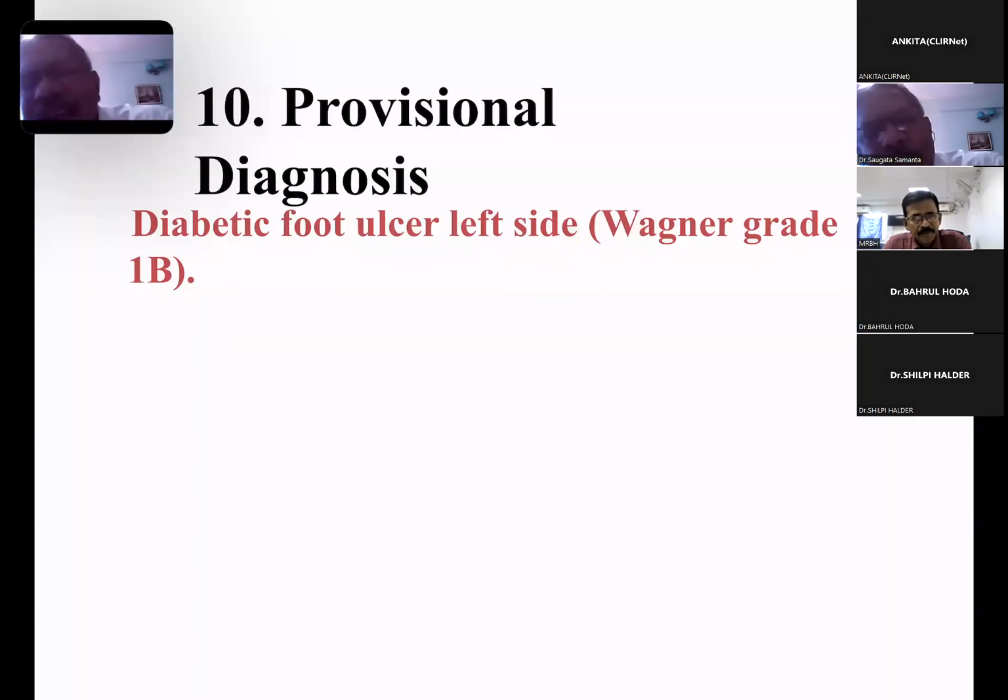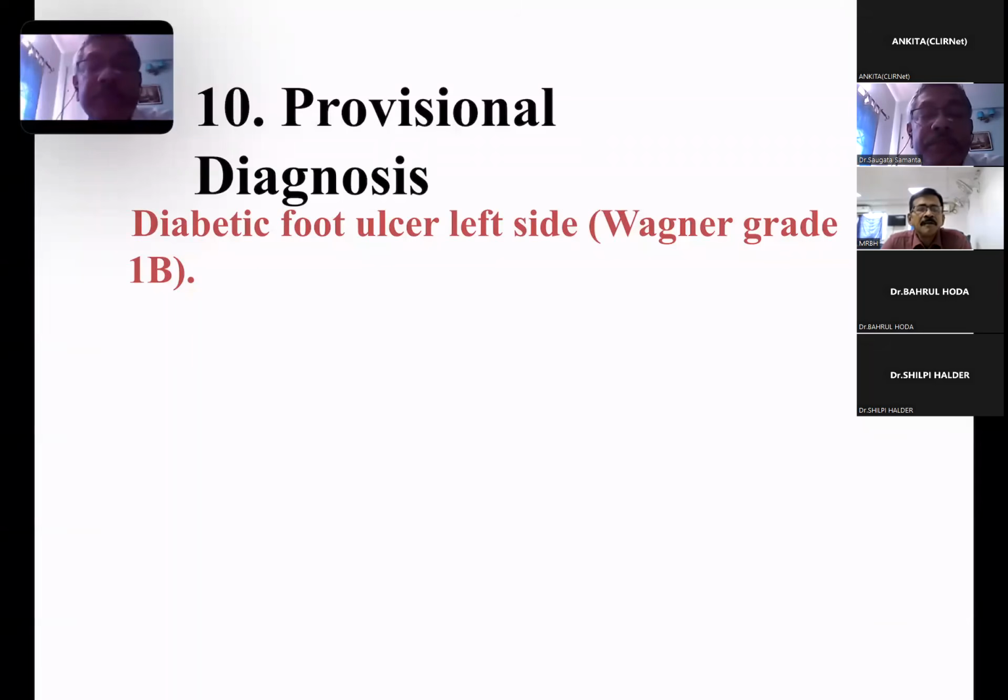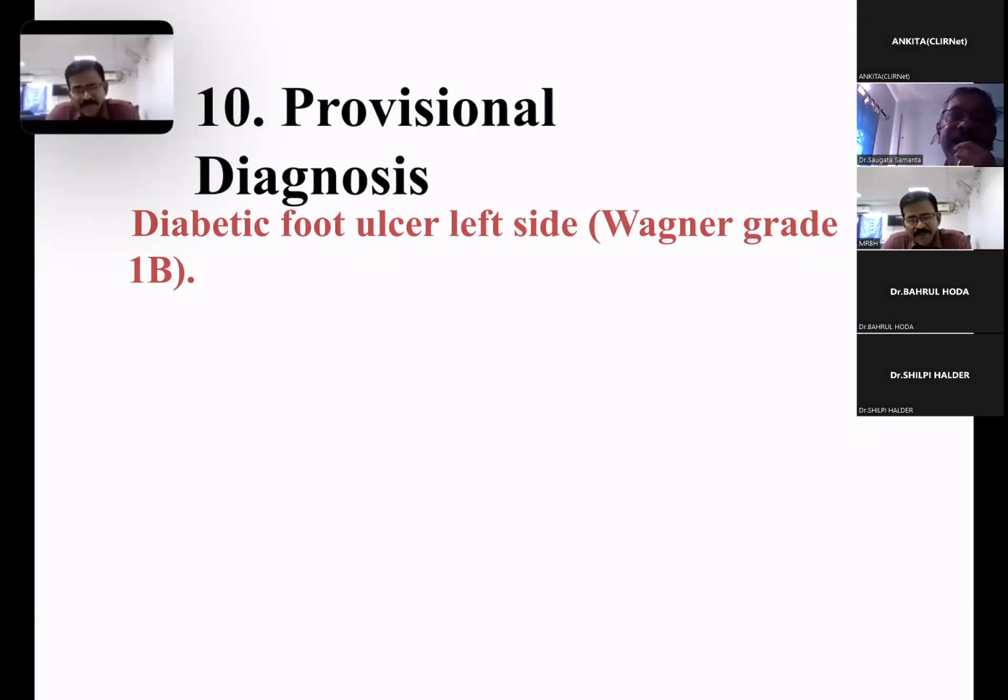The fallacies of ABPI in diabetics, any idea? In diabetics, calcification of blood vessels. In a diabetic patient, is ABPI a good index? Sometimes ABPI may be higher than normal. If ABPI is more than 1, what should you suspect?